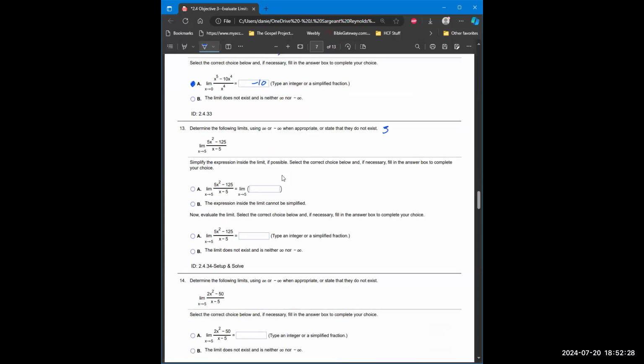Five times x squared minus 25, where x minus 5 is 5 times x plus 5 times x minus 5 over x minus 5. It's 5 times x plus 5, as long as x is not 5. As I get close to 5, 5 times 10 is going to be 50.